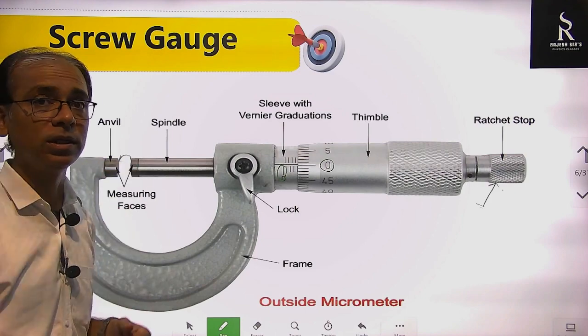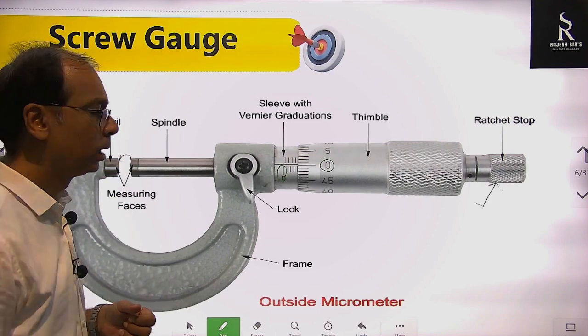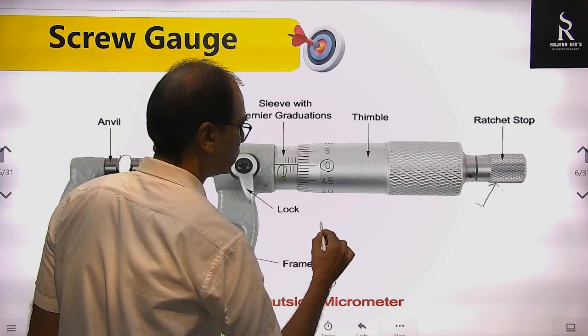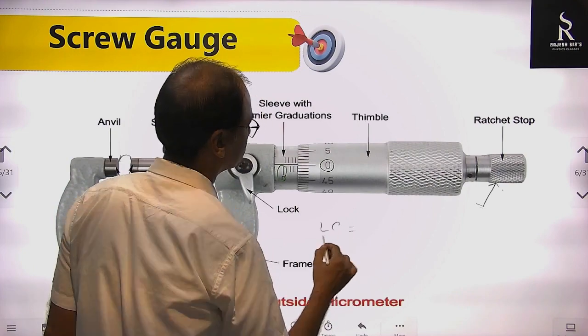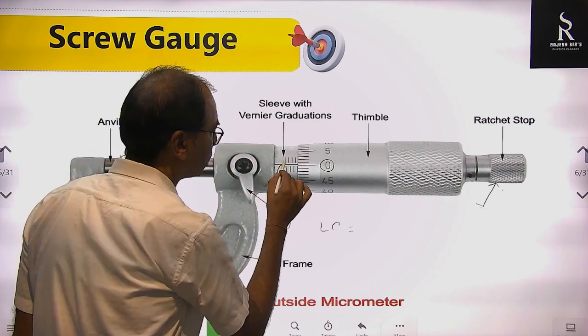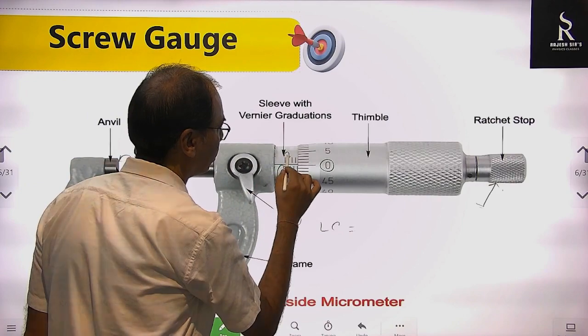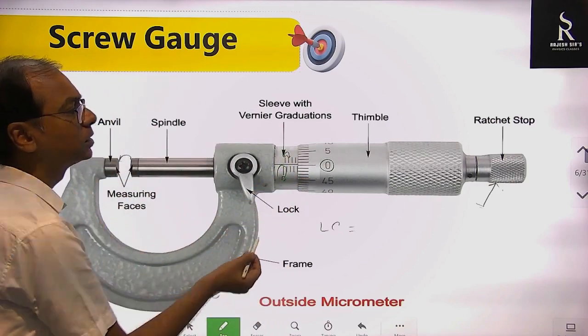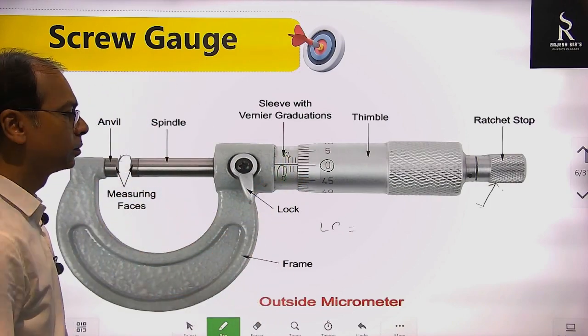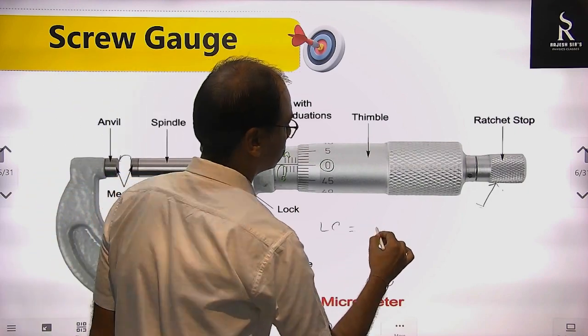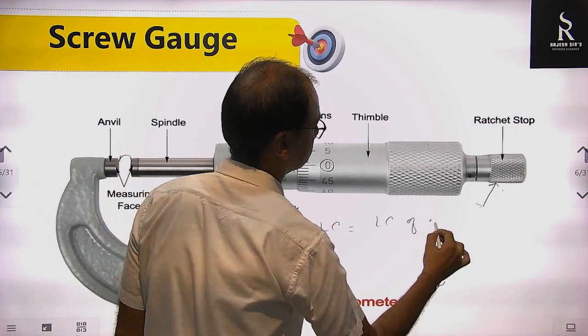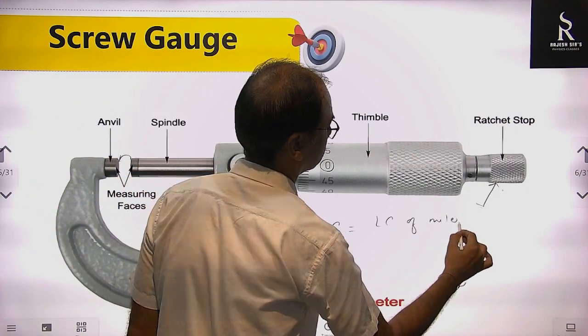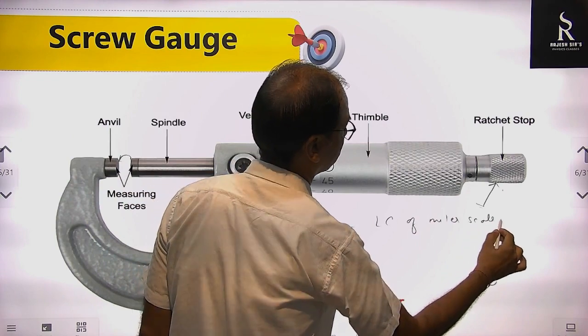Now what about its least count? Its least count is what? Same thing. How little can this measure? The main scale is actually a meter scale. So the least count is the least count of the main scale divided by the number of divisions in the circular scale.